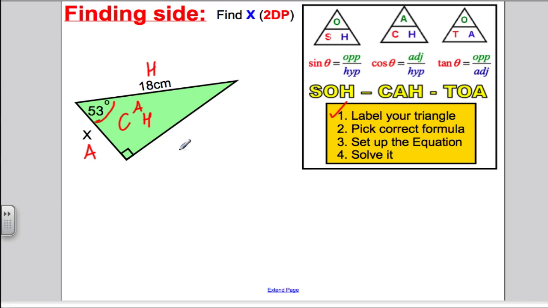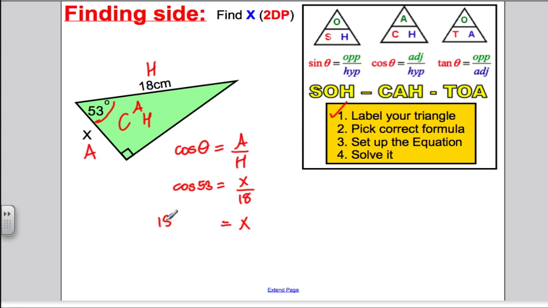Let's write out what that means. It means cos of the angle is the adjacent divided by the hypotenuse. Now let's substitute in and try and solve. Cos of 53, which is the angle, is x divided by 18. Now rearranging to get x the subject, times both sides by 18.